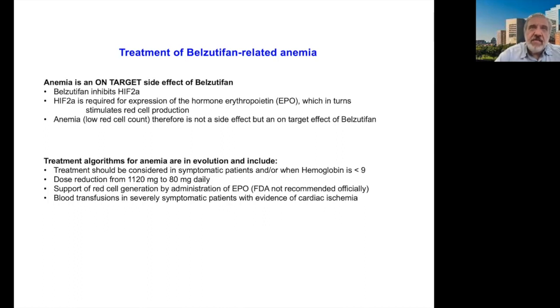If the patient has a very good response, I may reduce the dose. If the patient has just stable disease, I prefer to give erythropoietin rather than reduce the dose, because I don't know if there is a dose effect. I don't know if a patient on 80 milligrams will do less well than a patient on 120 milligrams. By the same token, I don't know if a patient who gets 240 milligrams, because yes, you can take 240 milligrams, will do better and have more shrinkage of the tumors.